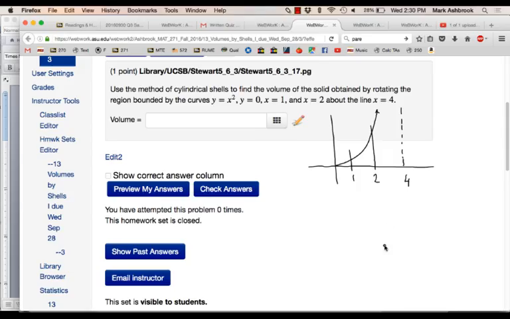There's a great advantage to shells over washers here. It's the same one we saw last time. In the last one, it was a great advantage to do washers over shells, because with shells you had two different typical shells to make. Here the opposite is true. If you do it by way of washers, you've got two different washers and two different integrals. But with shells, there's just one typical shell, so one integral.